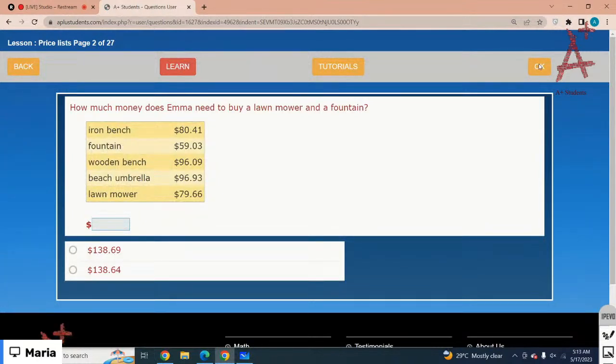Okay, how much money does Emma need to buy a lawn mower and a fountain? So she needs to buy a lawn mower and fountain. Just add the price of both items. Lawn mower is 79.66 and fountain is 59.03.